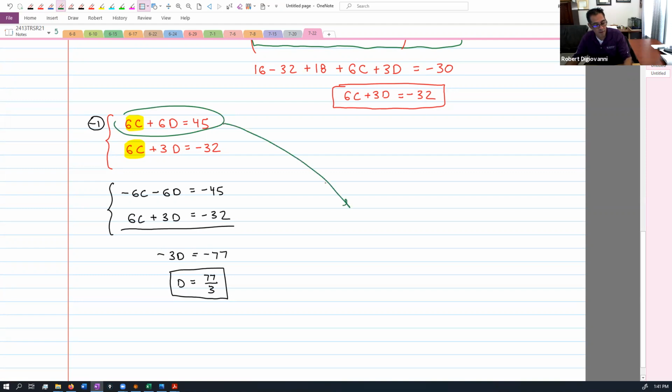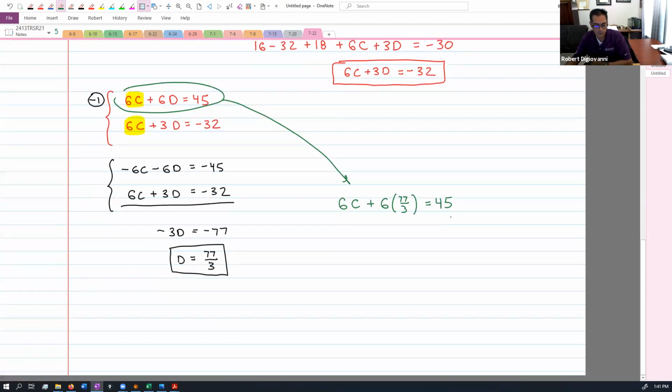I'm going to go here and I'm going to replace D with 77/3. And now I need to solve for C. So again, I don't like the fraction there, so I'm going to multiply both sides by 3.